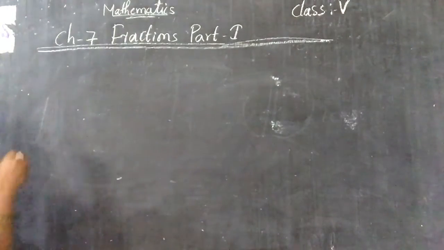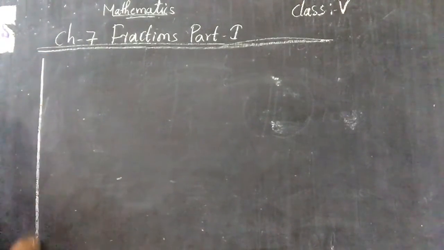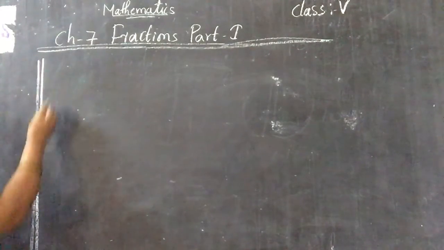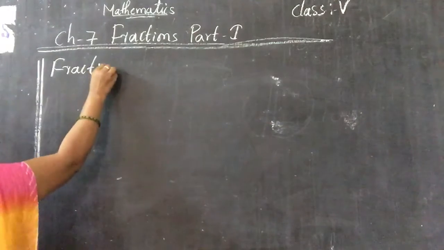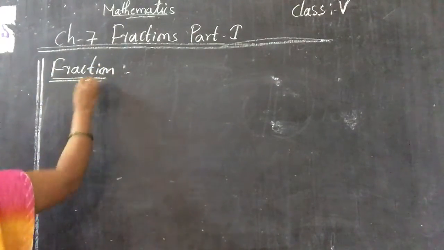Now, after writing the heading, write the subheading: Fraction, and underline it.